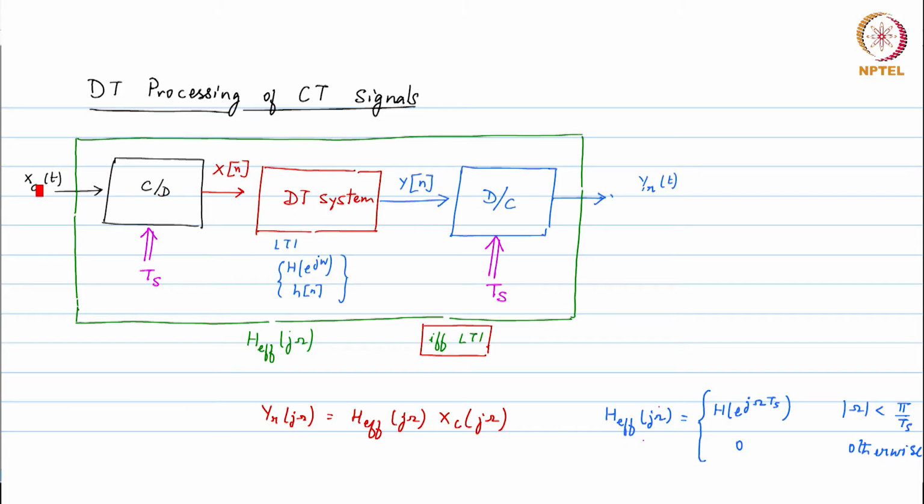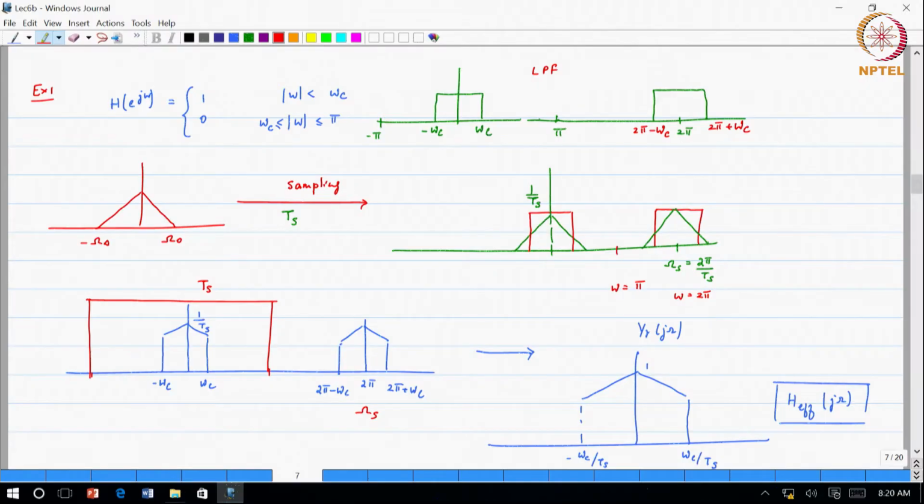Under the conditions of LTI, we showed the effective transfer function from the input to the output is related to the discrete time transfer function of the discrete time system. Yesterday's lecture, the one that we were trying to develop, reached almost the last step, so let's pick it up from there and conclude our discussion.